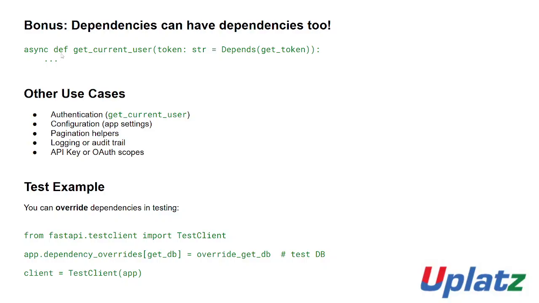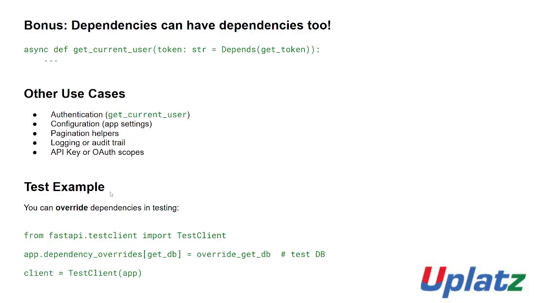For example, def get_current_user(token: str = Depends(get_token)). Okay. Other use cases: authentication, that is get current user, configuration, app settings, pagination helpers, logging or audit trail, API key or OAuth scopes.